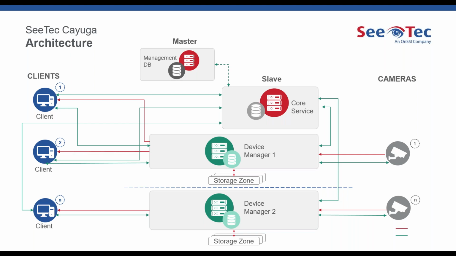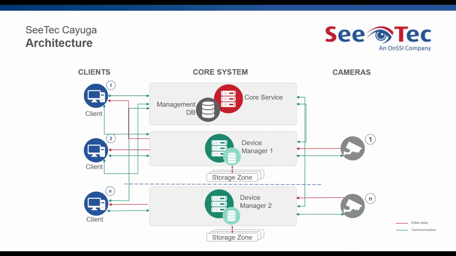But when we've got failover and redundancy brought into the picture, we're also talking about having the core service slaves in there, and it just depends on your size and what your customer is looking for. So we can add DMs, as we've discussed before. The size of the DM is applicable probably to not only the cameras and resolutions, but also the storage side of things.